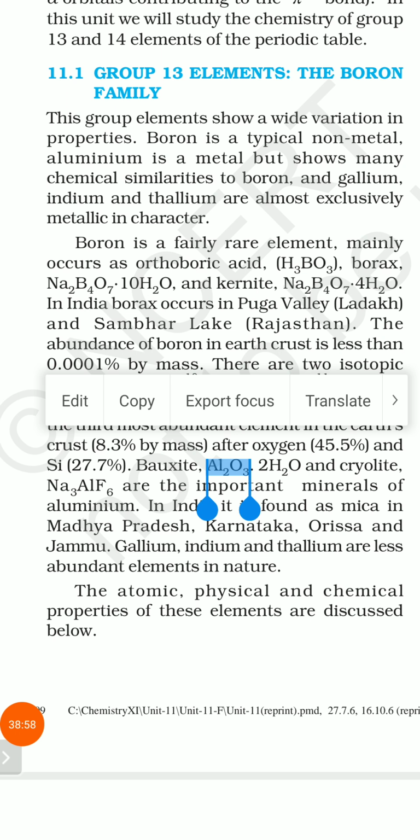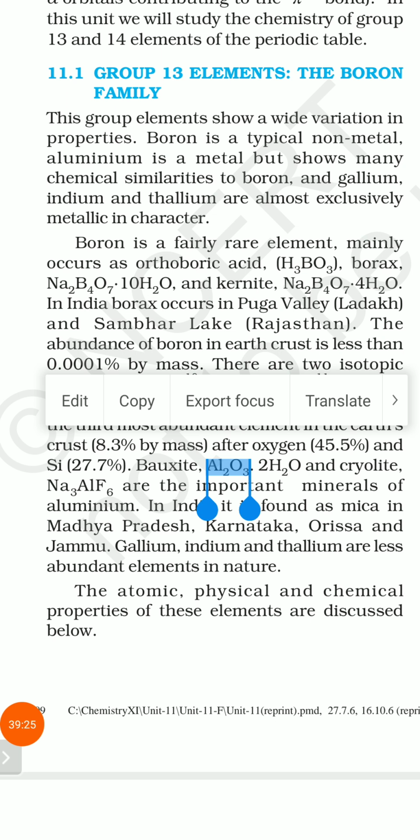What compounds does aluminium form? One is bauxite and another one is cryolite. These are all important ores. Ores and minerals like that you studied in 10th standard, in the chapter Metals and Non-metals. These are all compounds. So boron forms orthoboric acid, borax and kernite.